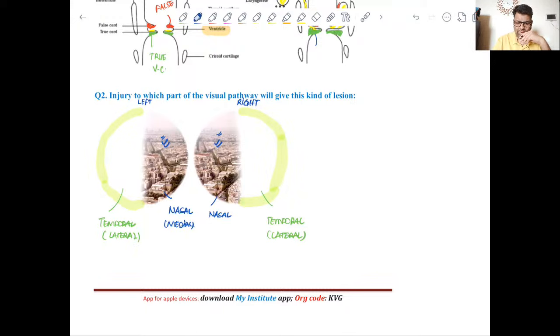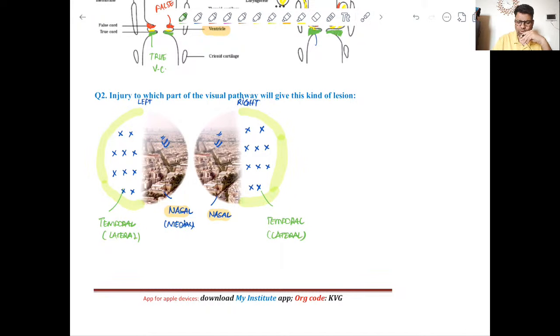Now what you can interpret from this image, that there is vision only in the nasal half, but there is no vision in the temporal half. Clear? So no vision over here, no vision in this area. So the vision is present only in the nasal half. There is no vision in the temporal half of both the eyes.